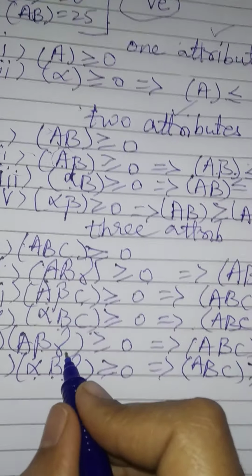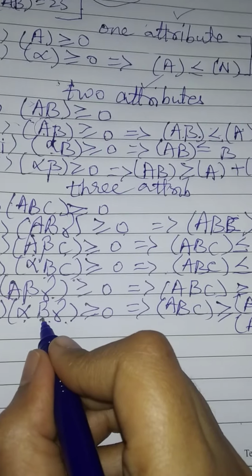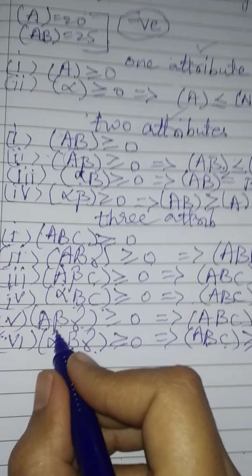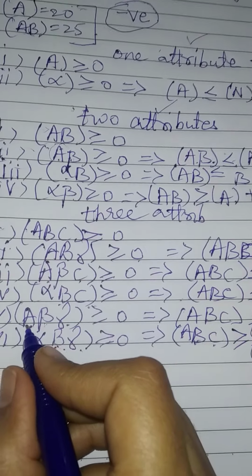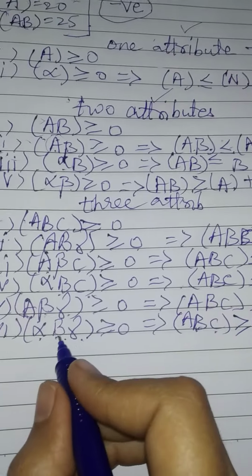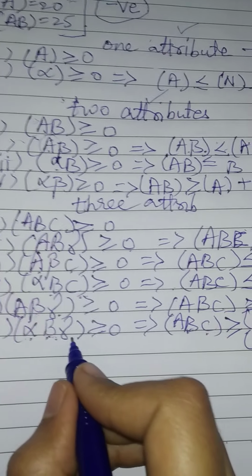Here if A is there, it will be AB and AC. Here B is there, AB and BC, with B minus.